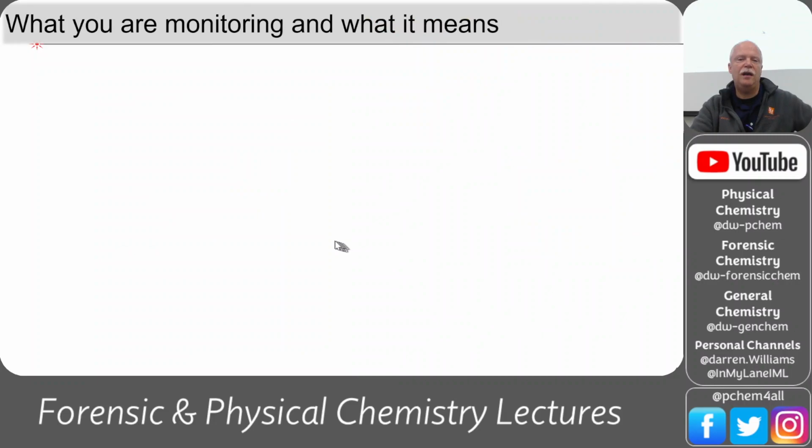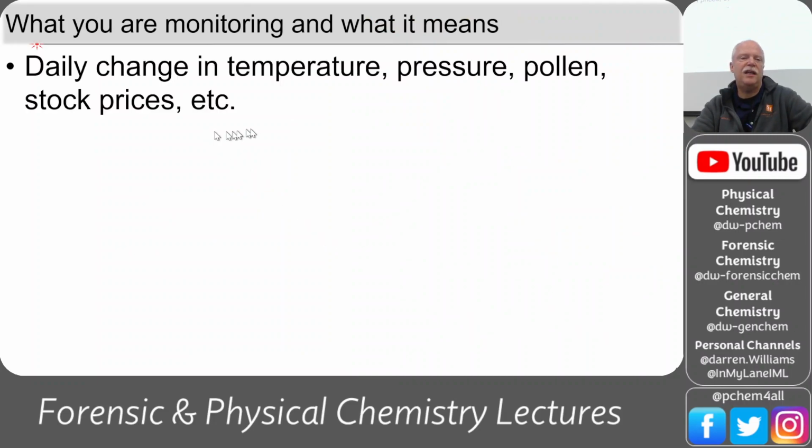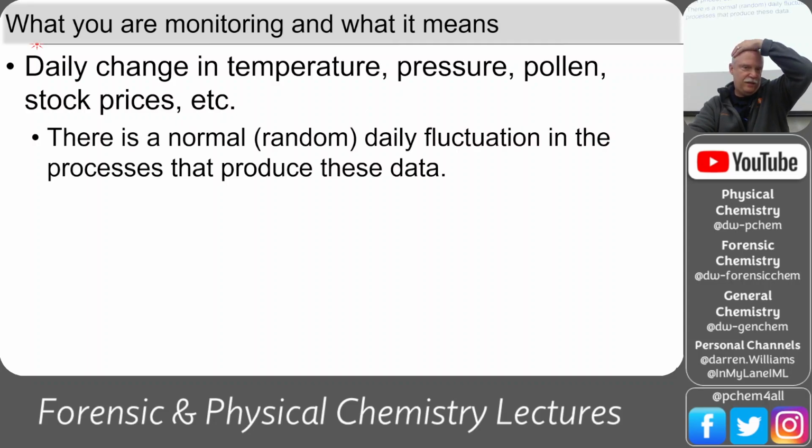So what you're monitoring and what it means. Let's say you're monitoring the daily change in temperature or pressure or pollen or stock prices, okay? What you want to see is the normal random daily fluctuation in the process. Ideally, your variable won't change by very much. And so there'll be a small standard deviation, and then you'll be able to detect any kind of non-random change. If something is outside of 2 sigma, there's like a 2.5% chance that it'll be outside that bounds.